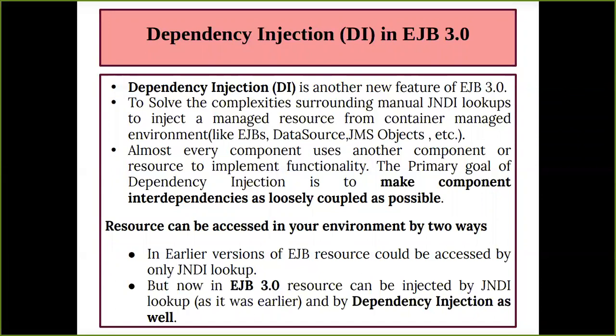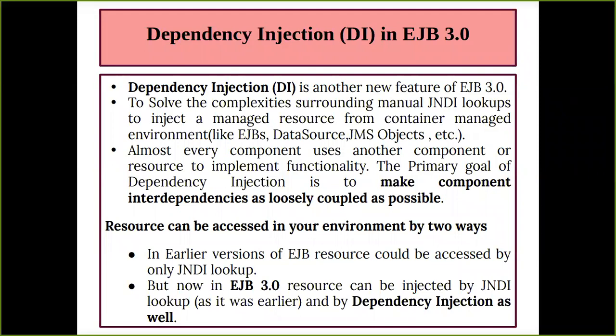But when we talk about dependency injection, you remove this disadvantage. You make everything independent of each other. You don't need to depend on manual lookups or manual references from the container. That is the job of the container when we implement dependency injection.